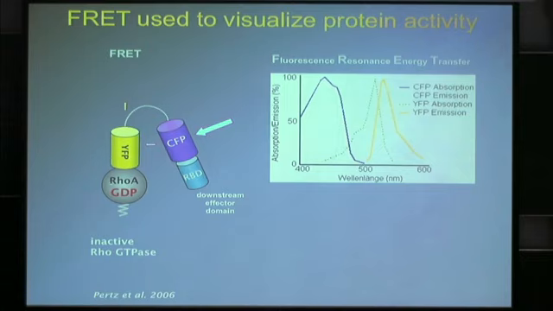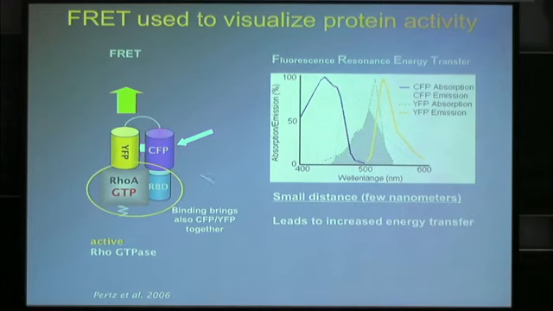Here we don't have any binding between this Rho binding domain and Rho, because Rho is inactive, so the two fluorophores are not close to each other and we have just little FRET energy transfer. Once RhoA is activated, this RBD binds the active Rho, brings the two fluorophores together, and now we have very high FRET efficiency.